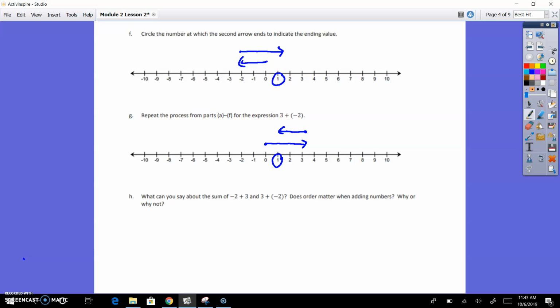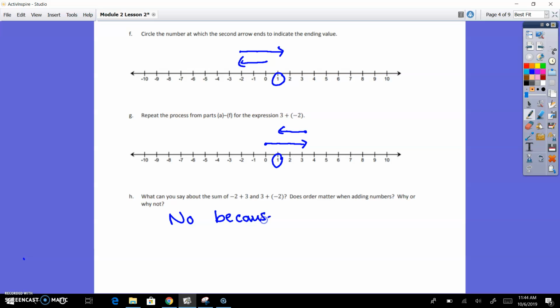What can you say about the sum of -2 plus 3, which is what we started with, and 3 plus -2, which is what we just did? Does the order matter when adding numbers? So our order was different. Did it matter? No. Why or why not?